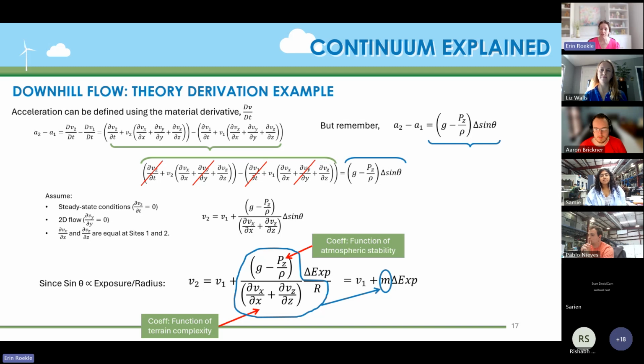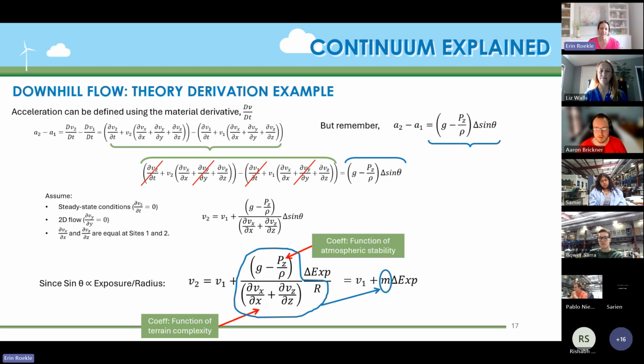Well, if any of you are atmospheric scientists, anytime you're hearing pressure gradient in the vertical, you should automatically be thinking atmospheric stability. Like, how is my blob of air going up in the atmosphere? How stable is this air? So we know that this is related to atmospheric stability because we do still have that vertical pressure gradient force within our coefficient.